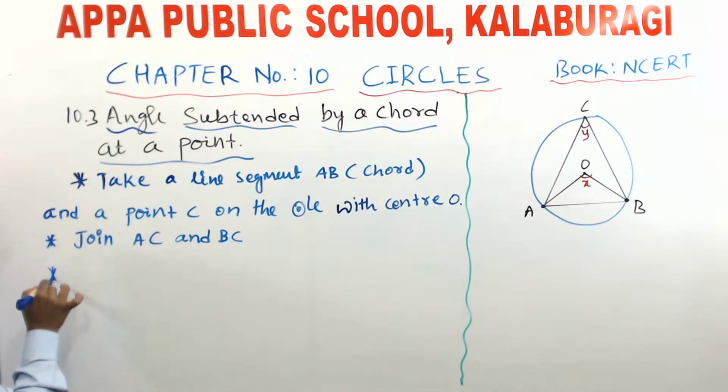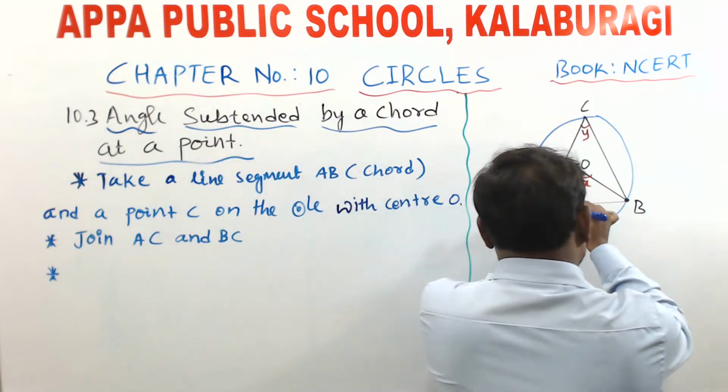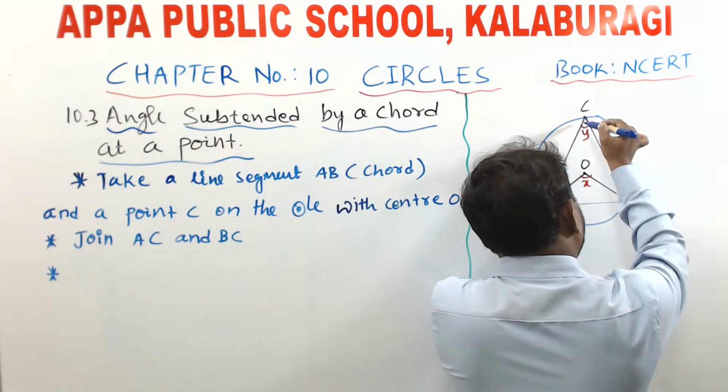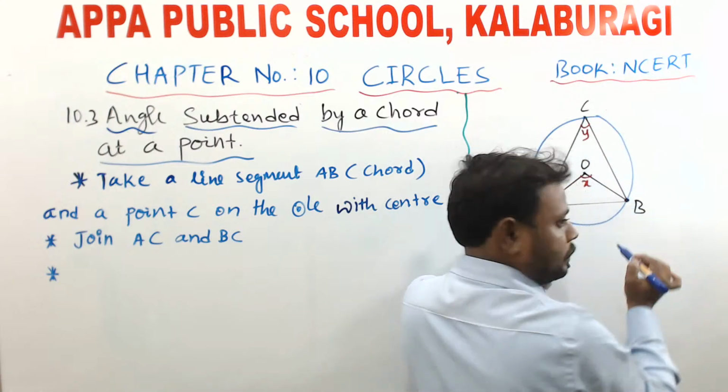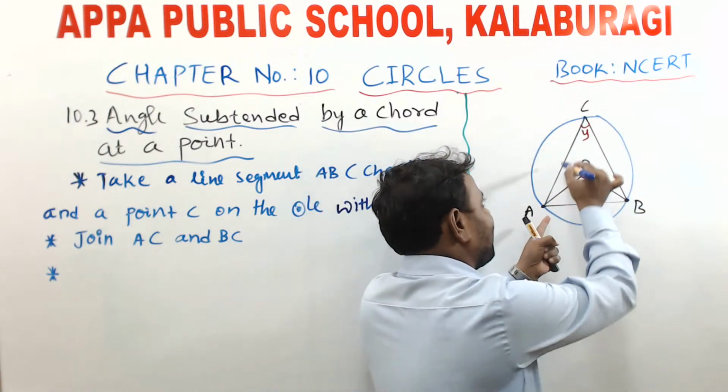See, angle subtended. When you join AC and BC, you get an angle, and that is called the angle subtended. So we are making an angle here.